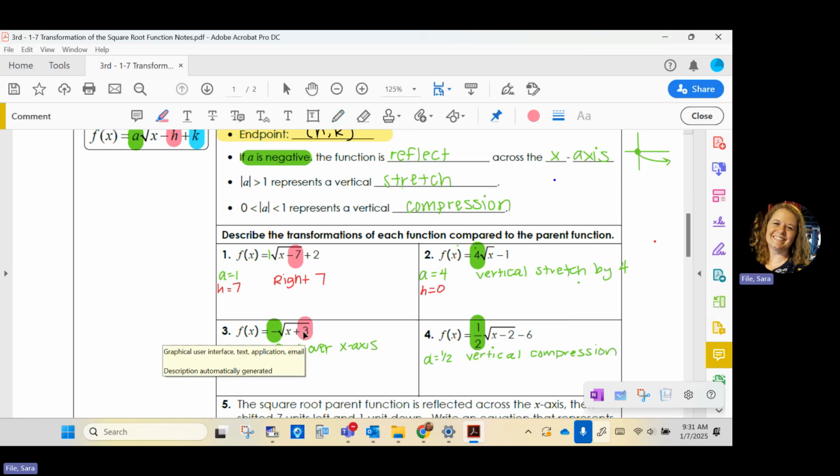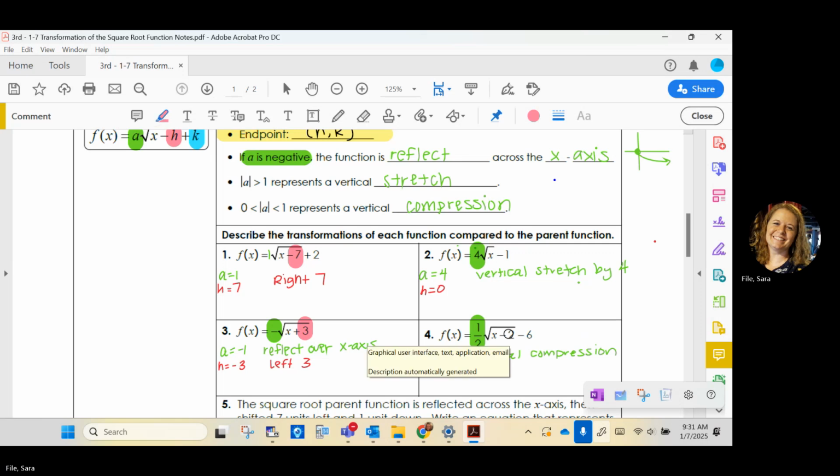Okay, I see x plus 3, so h is actually negative 3. So this is going to shift left 3. And in number 4, what is h? Good. The positive 2, which means this is to the right 2.